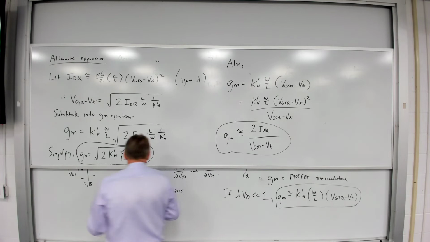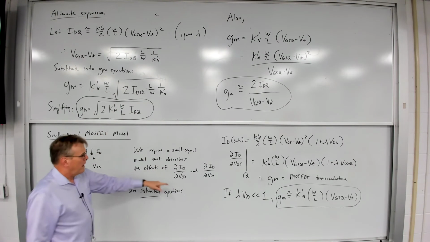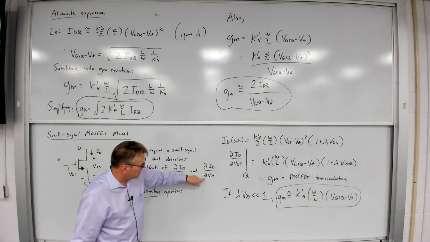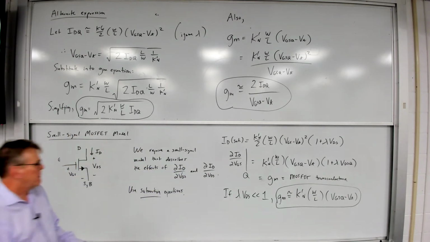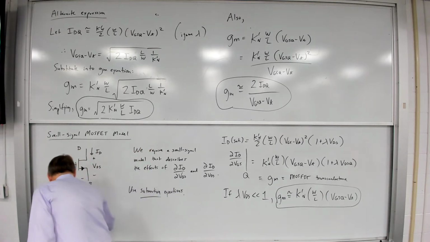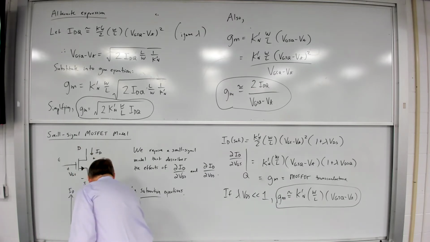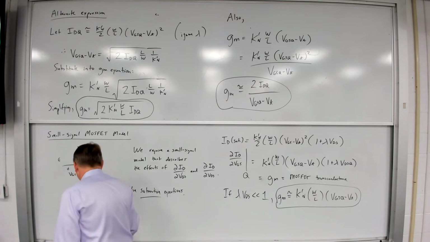Now, in addition to this, I also want to calculate the change in the drain current with respect to VDS. And as we recall, we mentioned this before, ideally, the curve for ID versus VDS is completely flat in saturation.